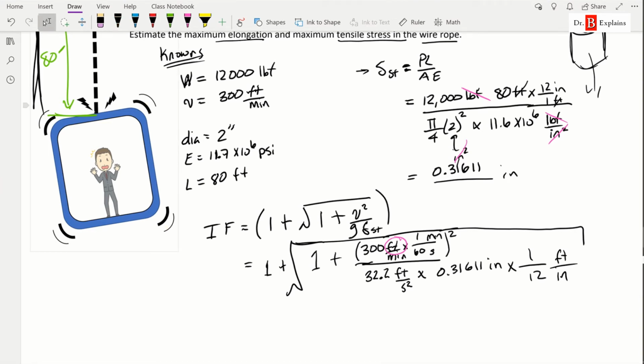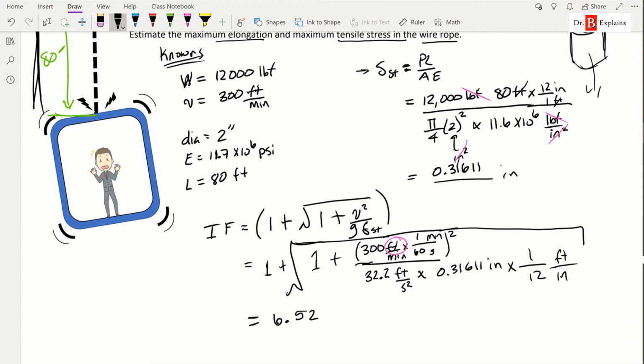Now when I do this, I get an impact factor of 6.52.